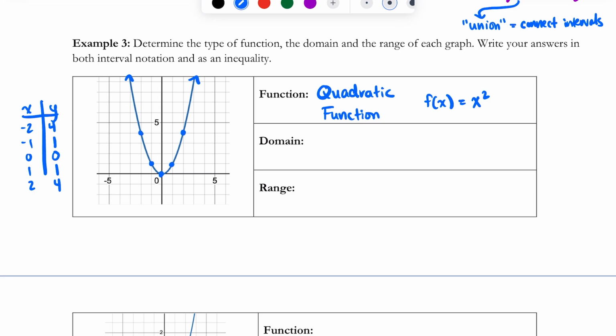So we know that x squared is a quadratic, so that's going to give us that. And if I look here, notice any of those vertical lines I draw are always going to hit that graph at one location, which makes this a function because it passes that VLT, that vertical line test.